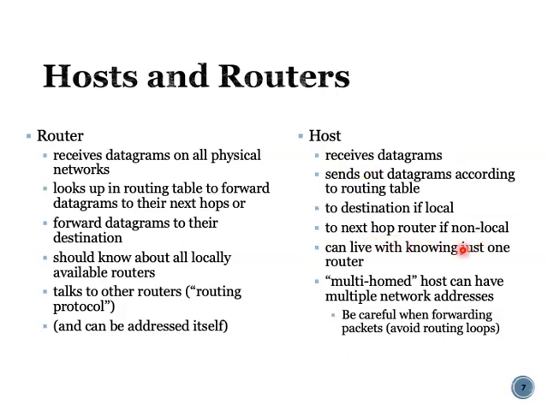It means that it has to go through another router, not the router that it is connected to, to send this datagram. However, a host can also live without knowing other routers. It can just know its own router, so this router needs to be active to send all the datagrams from this host.